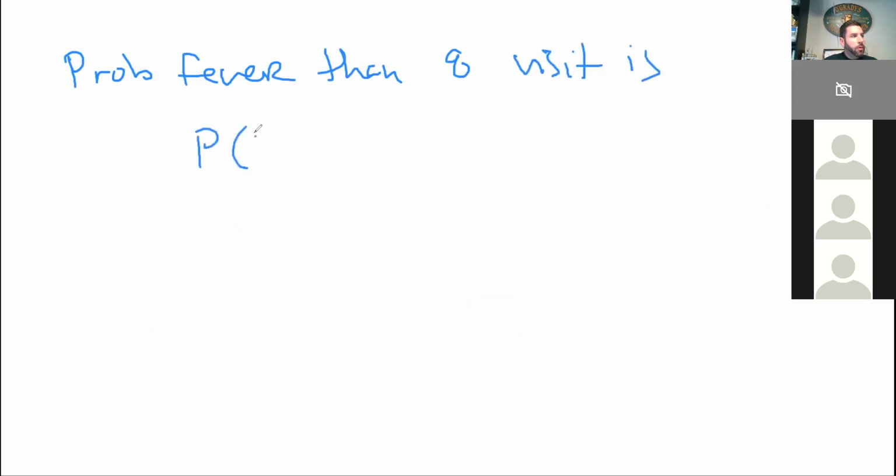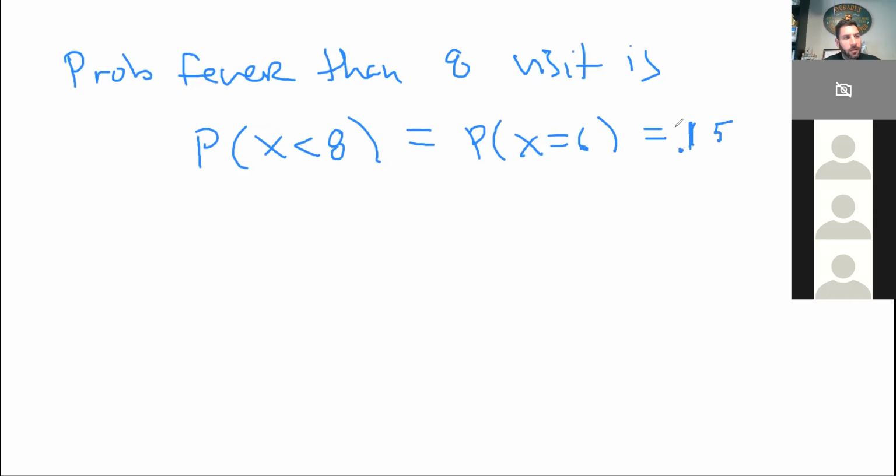Well, this is the probability that x is less than 8. But according to our chart, all that is, that's the probability that x equals 6. And that is 0.15 based on our chart. That's the best I can do.